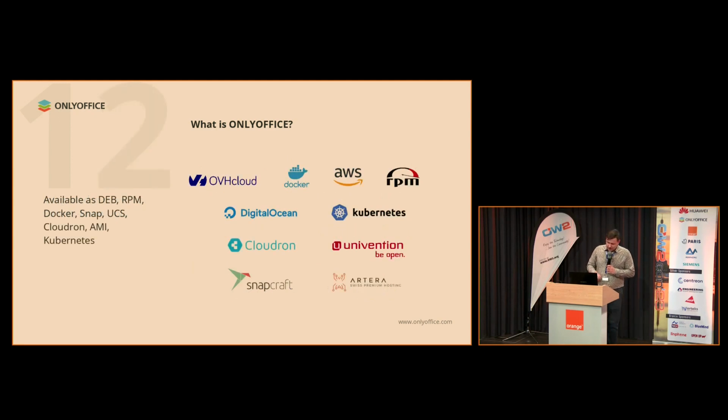When it comes to availability, ONLYOFFICE is available in various distribution formats and packages, such as, of course, Debian, RPM packages, Docker installations, Windows installations, Snap, Univention Corporate Server, Cloudron, AMI, Kubernetes, One-Click Apps on DigitalOcean, Vultr, Alibaba Cloud, OVH Cloud, Artera, etc.